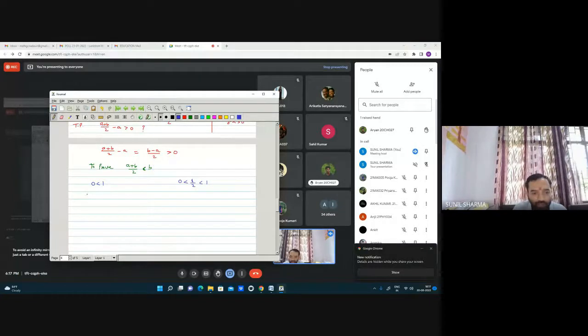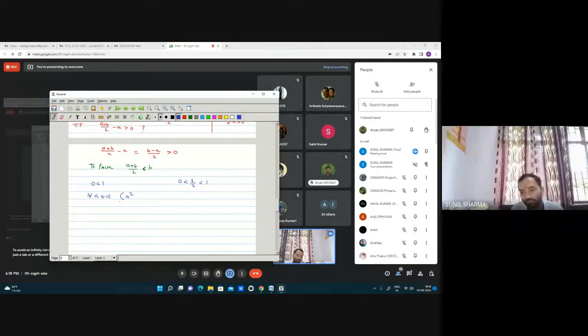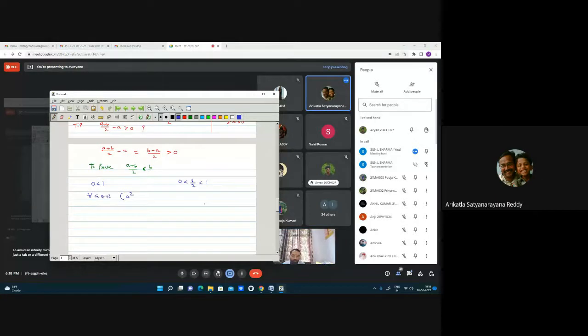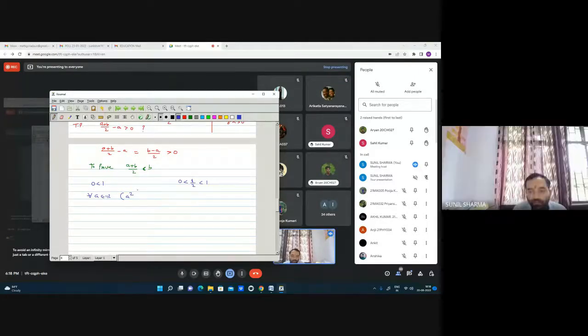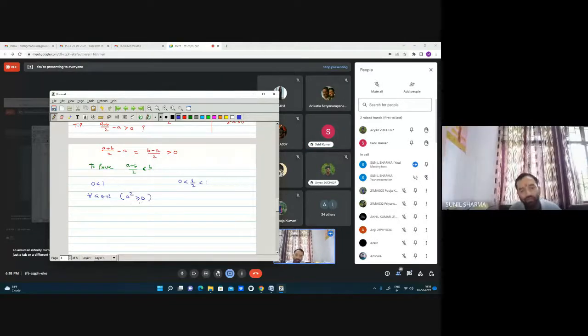So if I give you any real number, what can we say about A square? What is A square? Can you tell us? Sahil? Sir, greater than or equal to 0. Very good. Greater than or equal to 0.